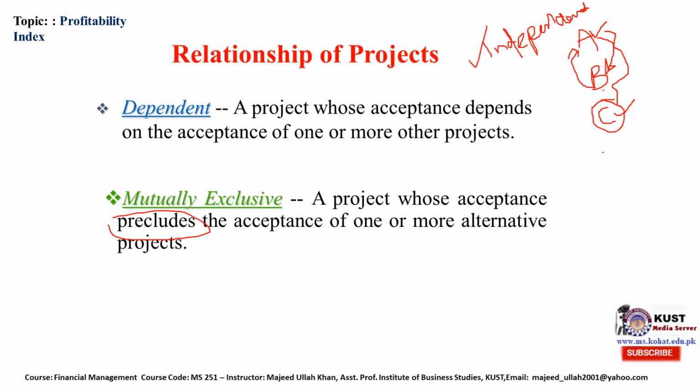For example, let's suppose there are two projects A and B. If we accept A, then we will reject B. If we accept B, then we will reject A. These are called mutually exclusive.